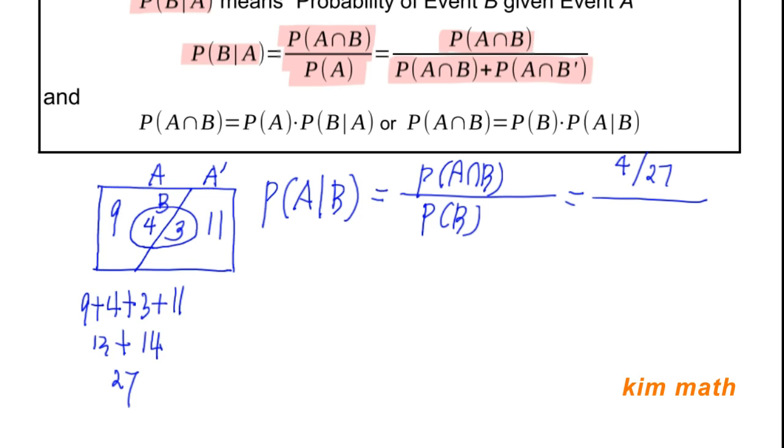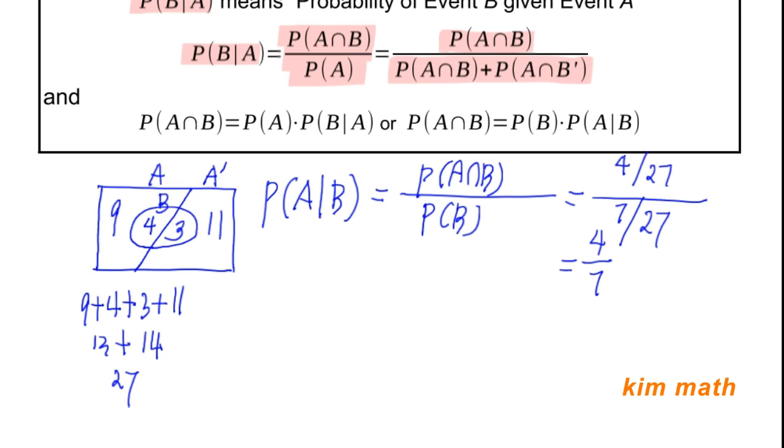And the number inside of the circle is 7, so the probability of event B will be 7 over 27. Okay, so if you simplify, we get 4 over 7. Is it okay?